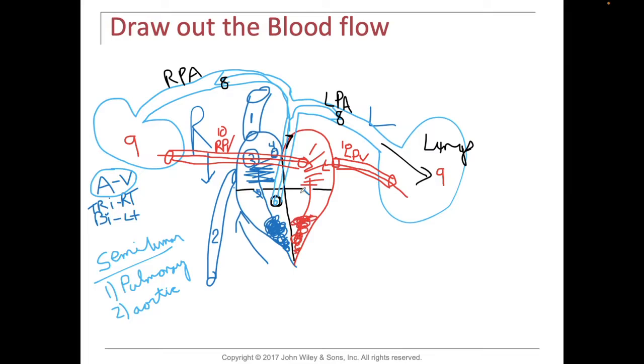Okay, the pressure in that left atrium built up a little bit, and it forced the mitral valve. The mitral valve is also the bicuspid, so we'll put mitral here. Mitral is the same thing as bicuspid. So from the left atrium into the left ventricle through that mitral valve.